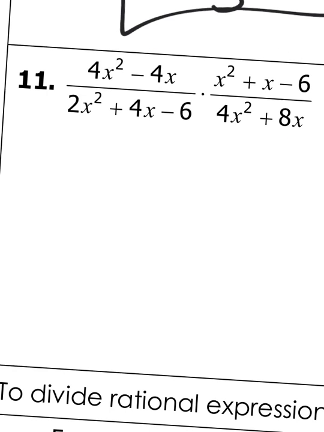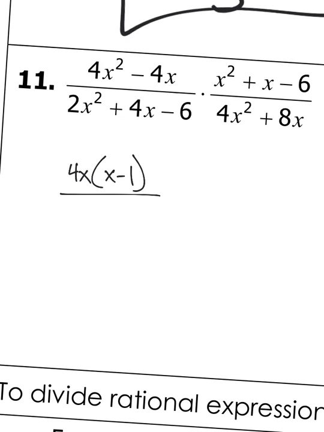All right, number 11, I see binomials and trinomials, which means I'm going to try to factor all this stuff out. So for the first two, I'm saying to myself, okay, there's 2 4s, there's 2 x's, so I'm going to factor out a GCF of 4x, and I'm left with x minus 1.